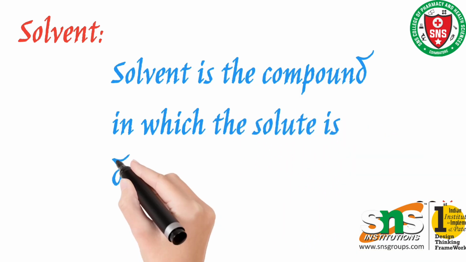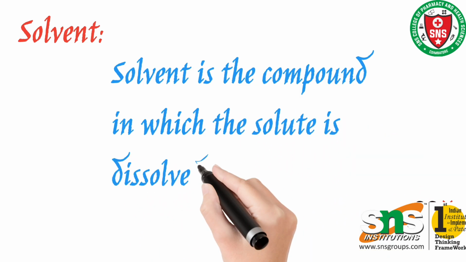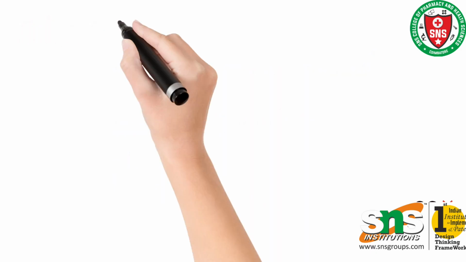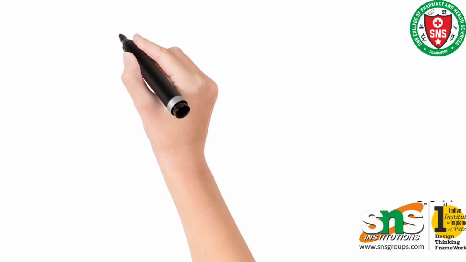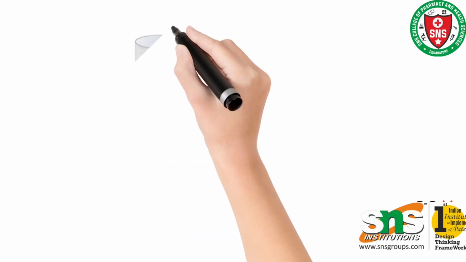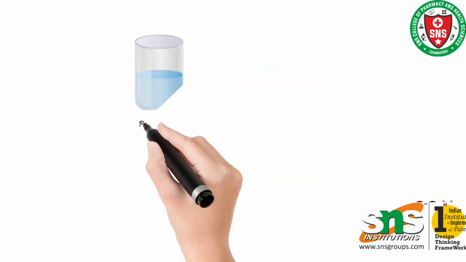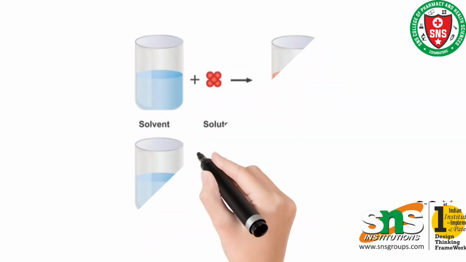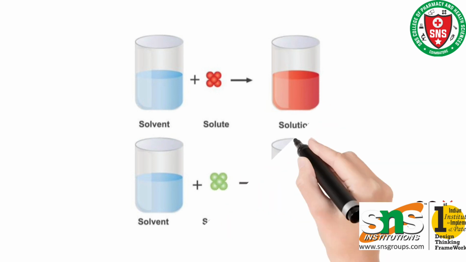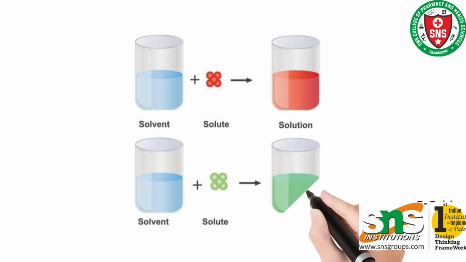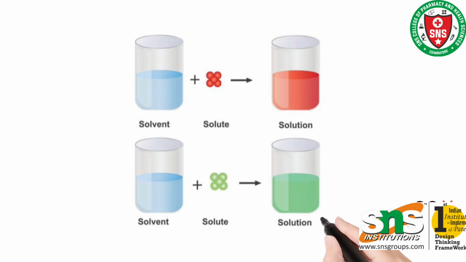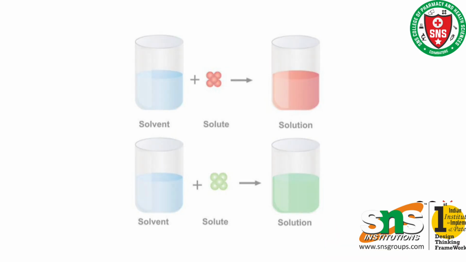That is the explanation. And next, we have two types of solutions, that is saturated solution and unsaturated solution. See the diagrammatic representation: a solvent is getting dissolved with a bulk solute and the solution is formed.